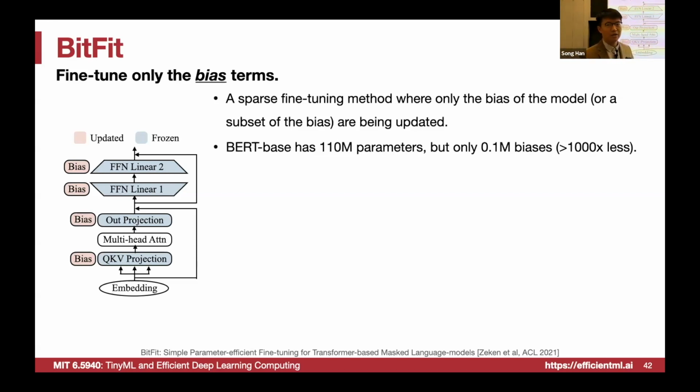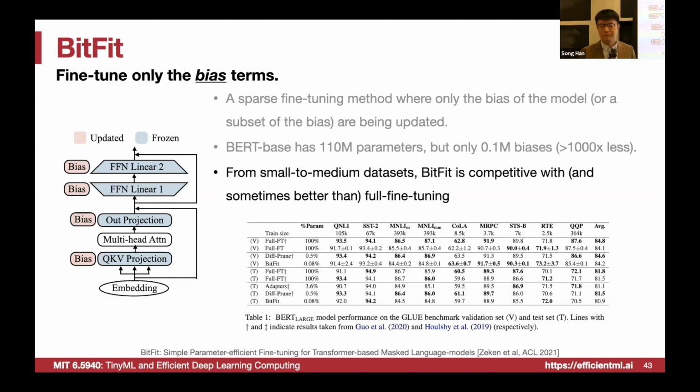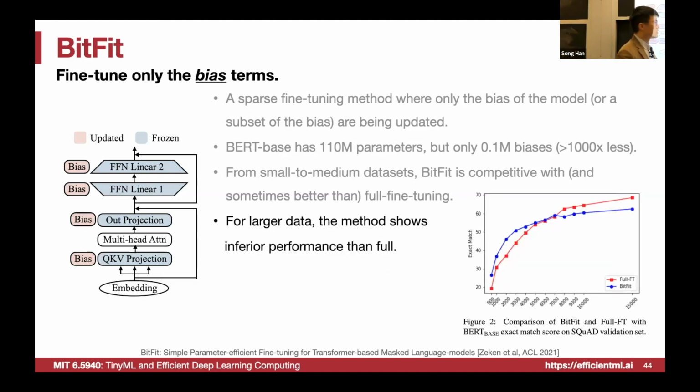And the size of the fine-tuned parameters is pretty small. BERT has about 110 million parameters, but the bias is only 0.1 million. It's more than 1,000 times smaller than the parameters. And for medium to small datasets, this method, BitFit, is very competitive with full fine-tuning. This is the result in accuracy on different benchmarks. However, there's a trade-off.